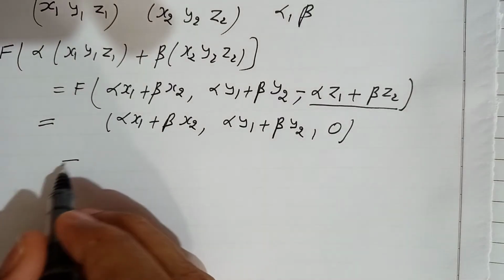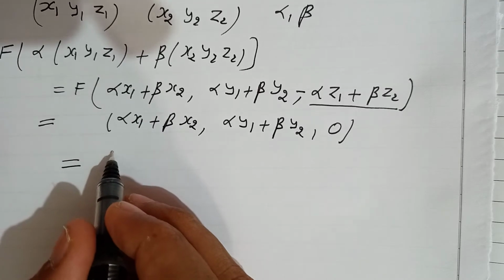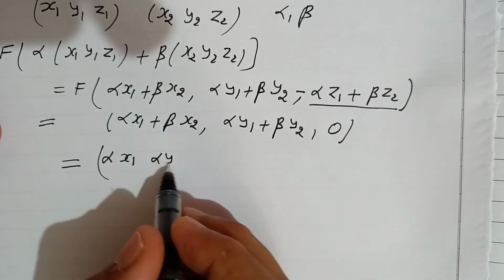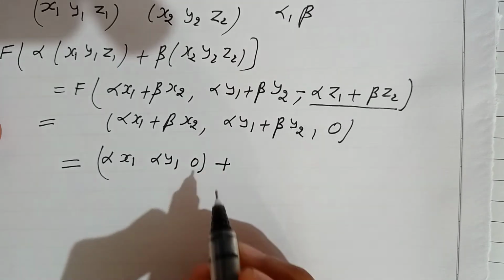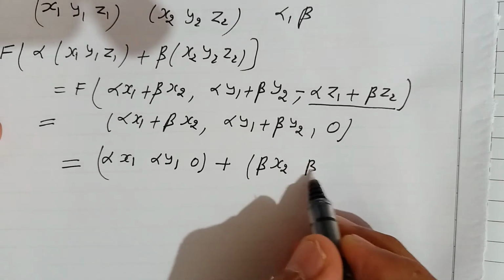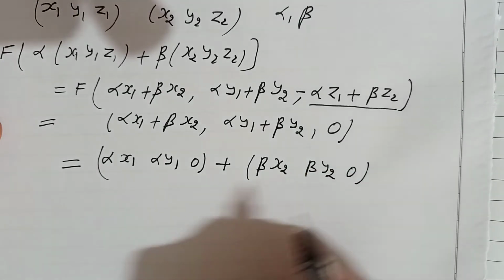Now this can be written as alpha times x1, y1, 0 plus beta times x2, y2, 0.